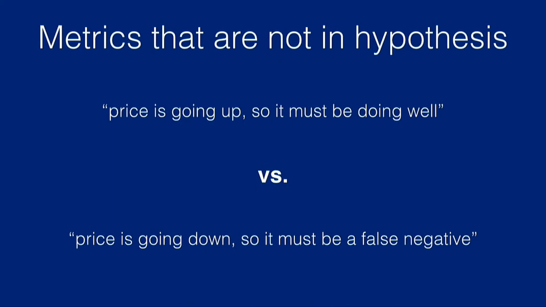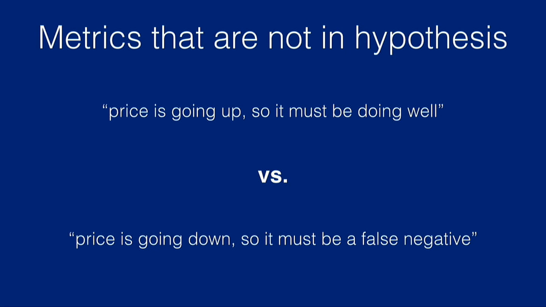And also, there are some other things that you have to watch out for. Things already mentioned: metrics or changes or data that is not in your hypothesis. This one is very important because a lot of people still look at that, and it can go two different ways. If you look at the average price, you can say, oh, the average price is going up, so it must be doing well, and the bookings were pretty average, so let's just put this on production anyway.